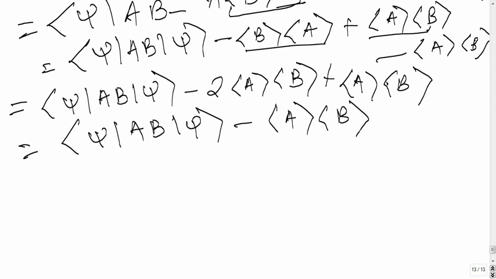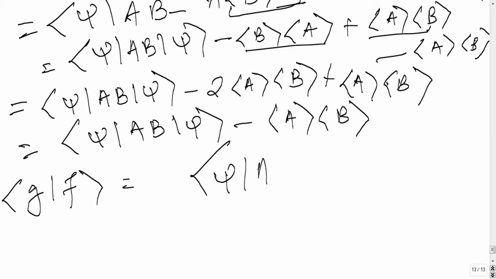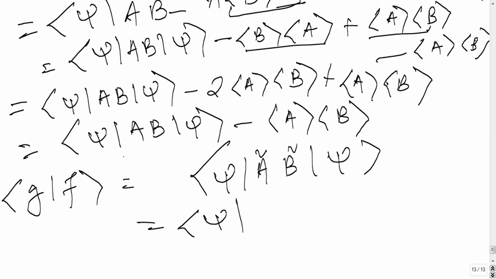Similarly you can do the same for the inner product of g and f, the reverse inner product between g and f. Compute this and you would get simply the order reversed. If you simply take the complex conjugate of this expression, that would become this.